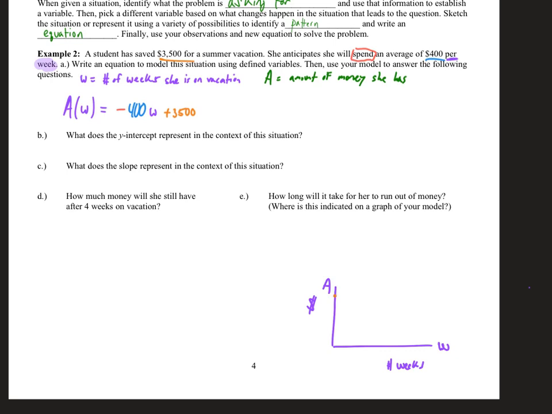So up here, wherever 3,500 is, that's my y-intercept. And then this has a negative slope, so it's going to be decreasing, right? The amount of money she has should be going down after a certain amount of time. So it should look something like this. Let me draw a different color.